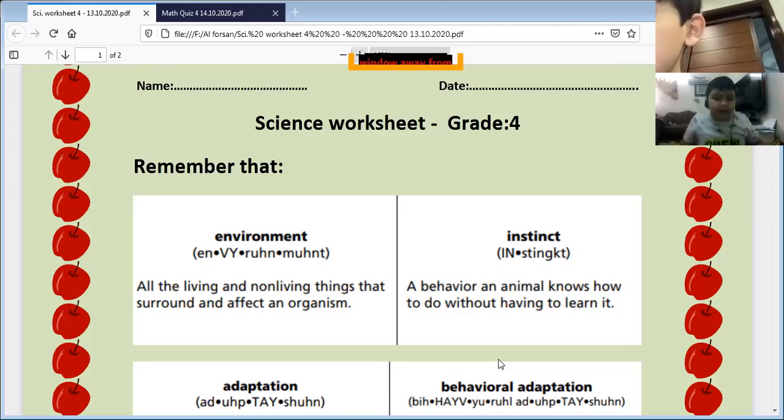So basically, environment is all the living and non-living things combined, like the surroundings of an organism. Give me examples for living and non-living things.